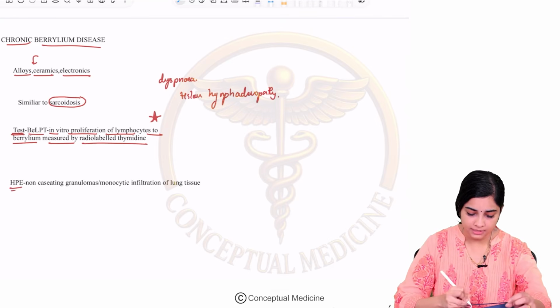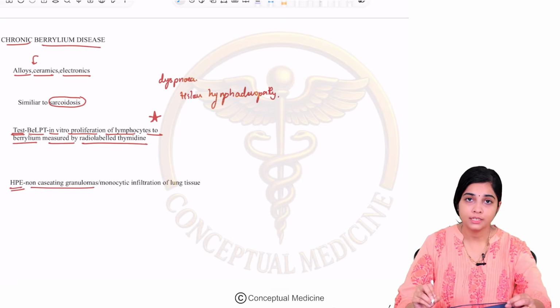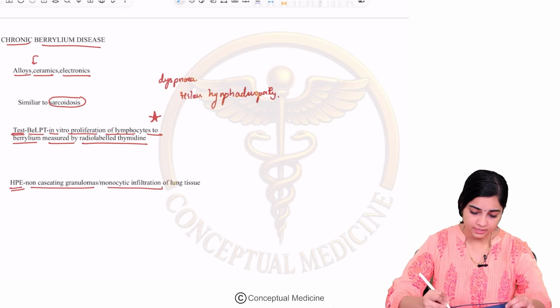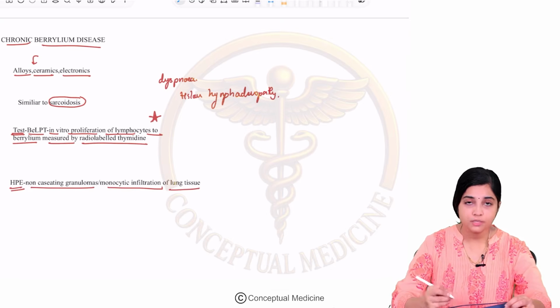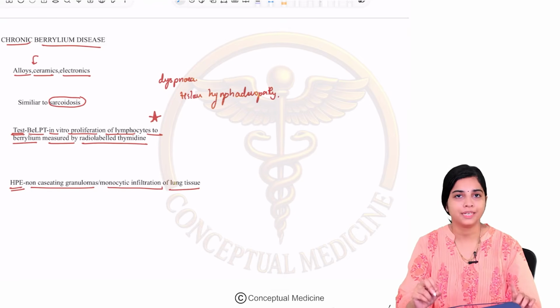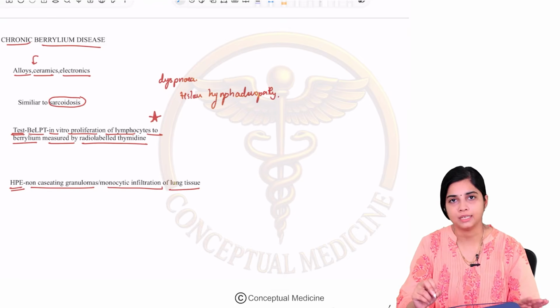On histopathological examination, again you can find non-caseating granulomas and monocytic infiltration of lung tissues. So the most important test to differentiate sarcoid from beryllium associated lung disease is your BeLPT.